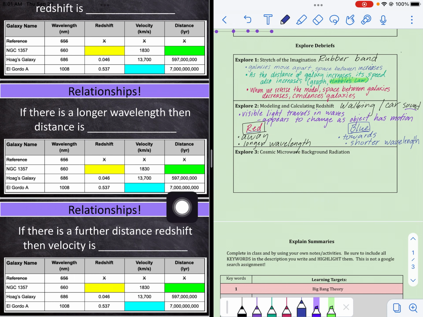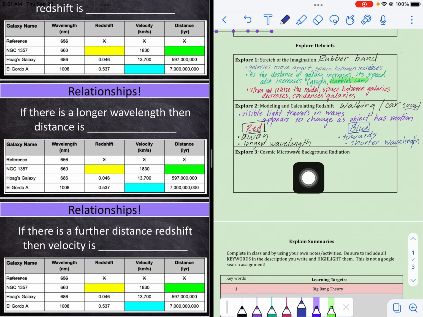We can circle that back to our rubber band activity. Galaxies, the farther away they are, the faster they're moving. So the more they redshift, the more they move away from us. Obviously they keep getting farther away, and that speed continues to increase. We can see these numbers getting bigger as we go.